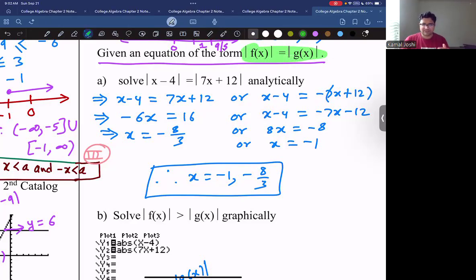That means there are 2 points in the graph where these two functions intersect. I want you to keep that in mind for later when you have the solution. These are the points where the two functions are equal, at x equals -1 and at x equals -8 over 3. And what is the connection of these points to the next inequality that we are solving?